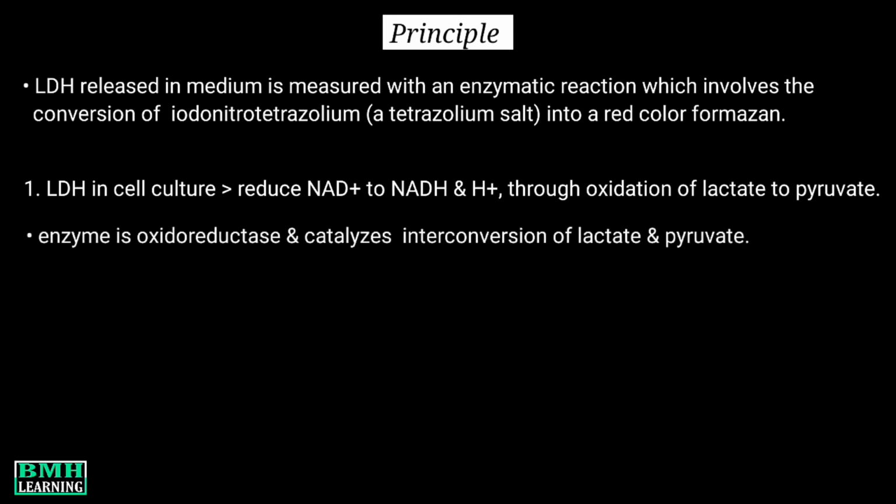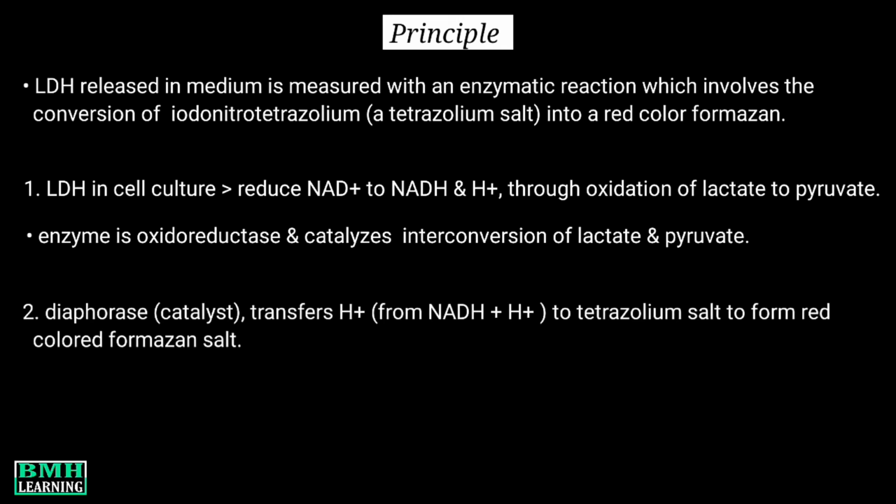Basically, the enzyme is an oxidoreductase and catalyzes the interconversion of lactate and pyruvate. In the second step, diaphorase, which is used as a catalyst, then transfers H+ to the tetrazolium salt to form the red colored formazan salt.